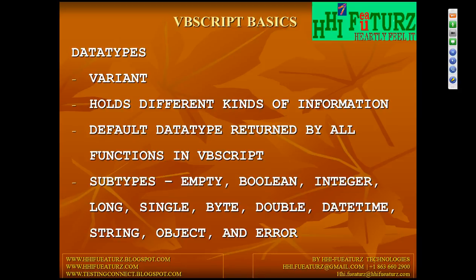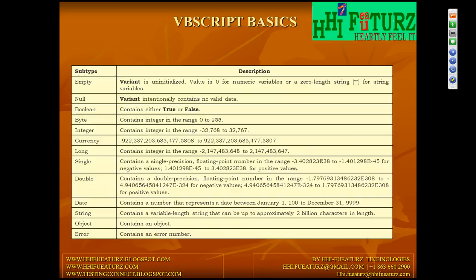For storing real numbers, you will use long. Single, byte, double, and date time is for storing date and time. Then string, object, error. These are the subtypes you will come up with. You don't really need to be aware of all of this; if you want to know, you can go and learn.